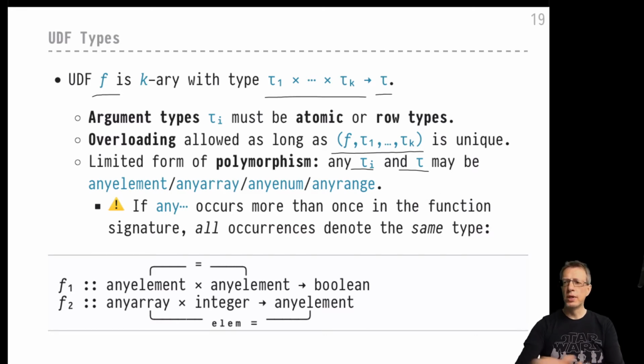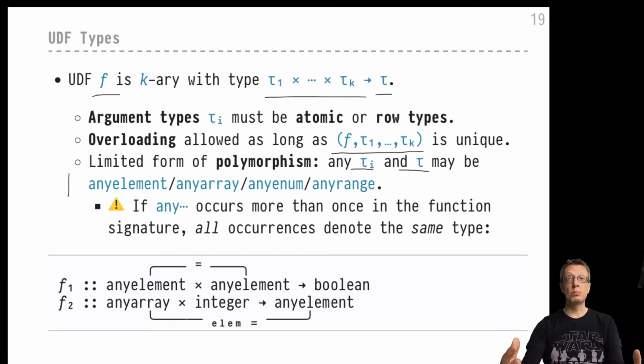What we do have is pseudo types, I would call them, like anyelement, anyarray, anyenum, or anyrange. Anyelement would stand for any atomic PostgreSQL type that you can imagine. Anyarray would stand for any particular array, so an array of any particular element type. Anyenum and anyrange similarly represent some particular enum type and some particular range type.